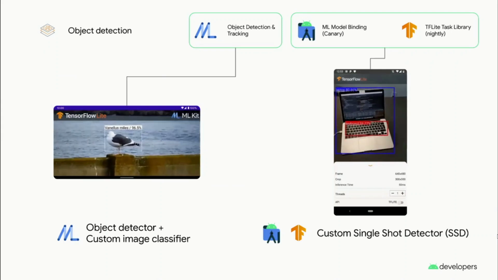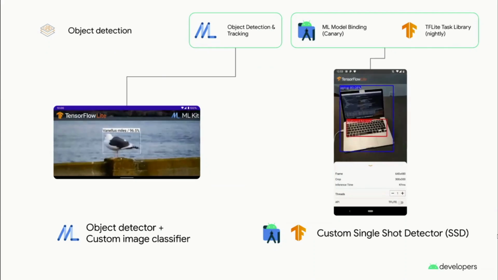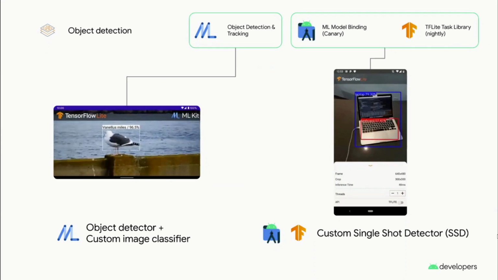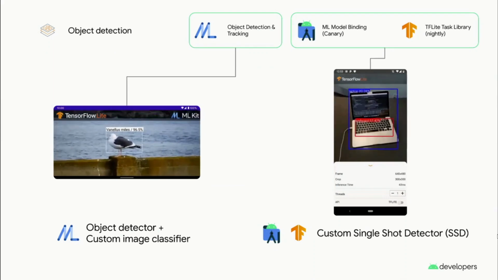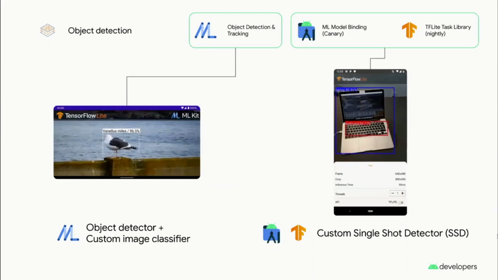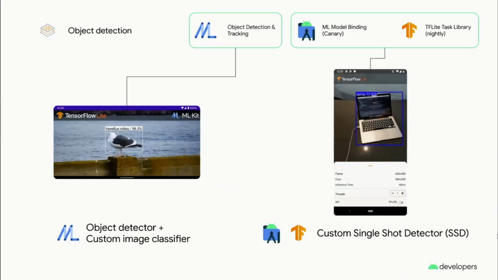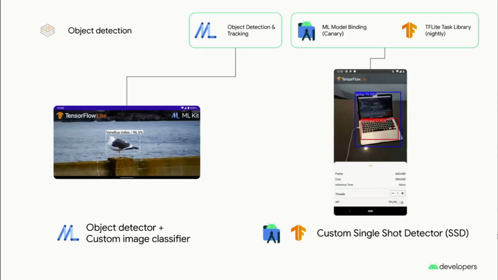As you can see on the left, with that seagull, the boxes change but the percentage doesn't, because it doesn't run the image classifier on every single frame. If the tracker continues to maintain the tracking, it does not run the image classifier again, unless it loses that tracking. So that's something to consider.